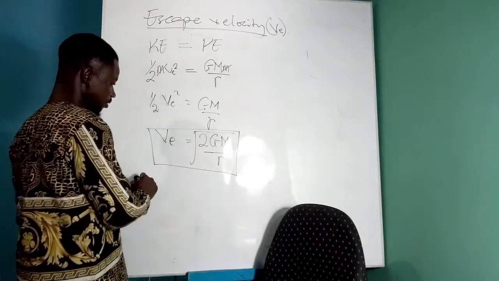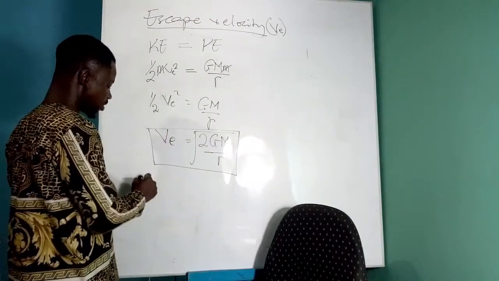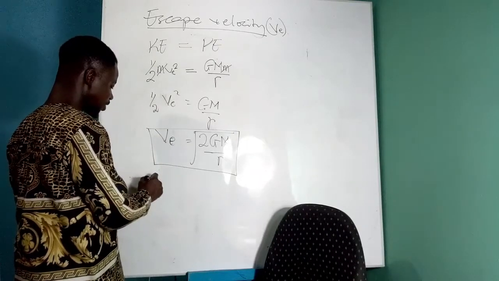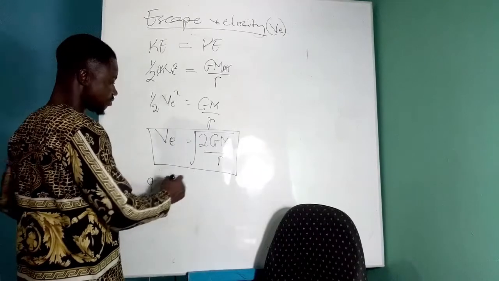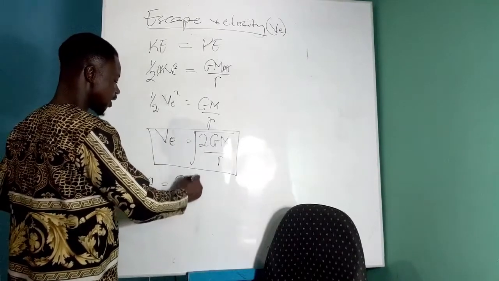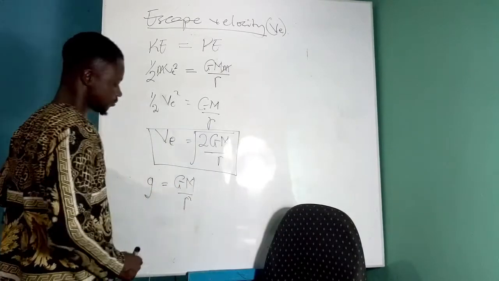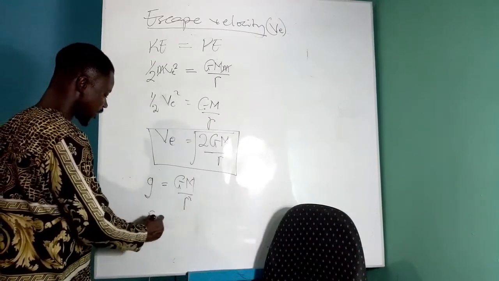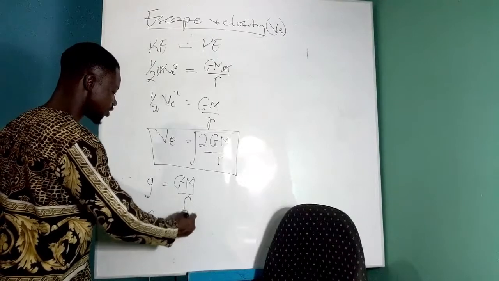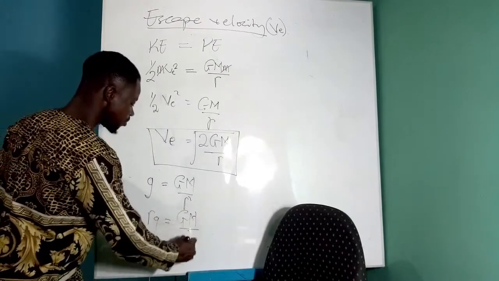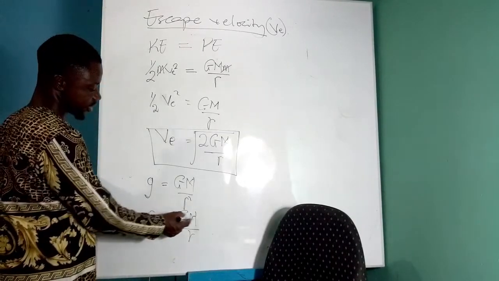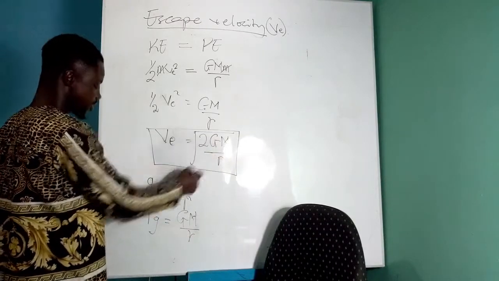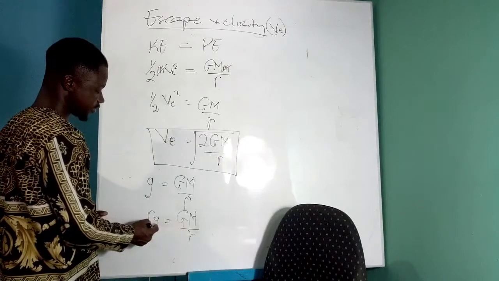So let's do this. We already know that acceleration due to gravity g is given by G capital M over R squared. Let me manipulate this equation by multiplying both sides by R. I will get Rg is equal to G capital M over R. So in place of G capital M over R, I can place Rg there.